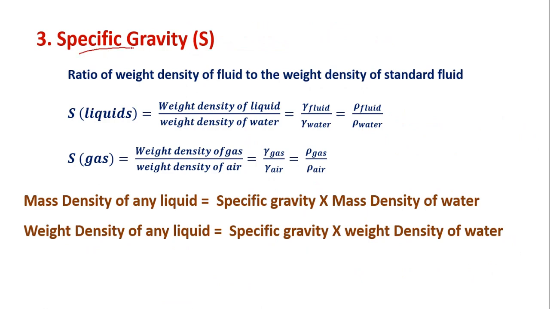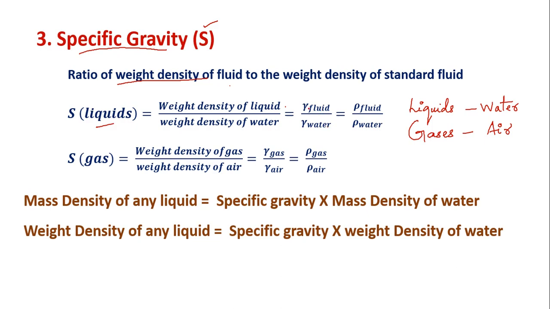Next fluid property is specific gravity, and we'll express it by the symbol S. Specific gravity is a ratio of weight density of the fluid to weight density of standard fluid. In case of liquids, the standard fluid is considered as water, and in case of gases, air is considered as the standard fluid. So specific gravity of liquids will be weight density of liquid divided by weight density of water, that is gamma of liquid by gamma of water.